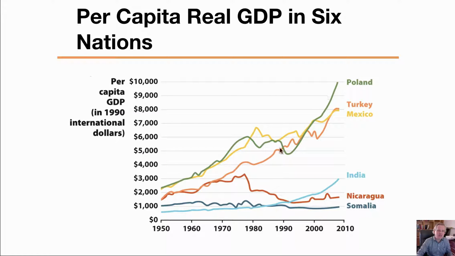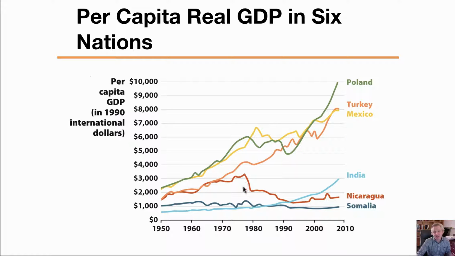And you can really see how this has gone up considerably. Turkey has had a lot of economic reforms over this time period, as has Mexico, most notably trade reforms with the United States. India also, since they've modernized their economy, has seen a dramatic increase in their per capita GDP.